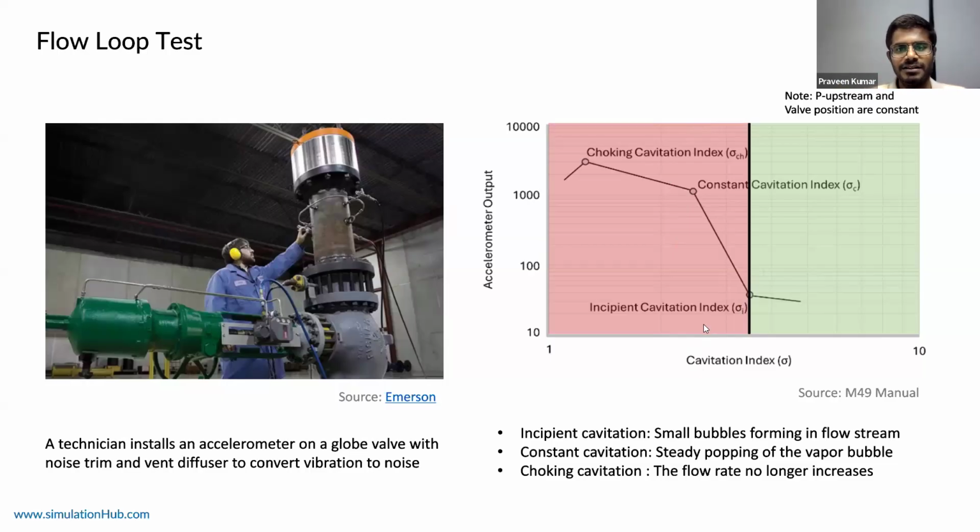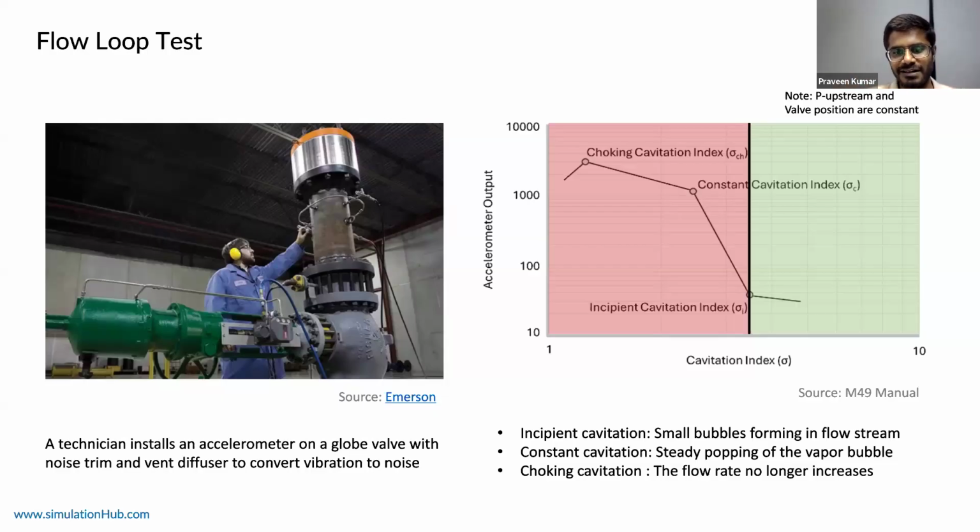Having said that, I'll clear one more confusion also. Given a design, given an incipient cavitation index for that one single valve, now you want to compare two operating conditions. For which operating conditions it will fall where? Then cavitation index comes into picture, sigma, not the incipient.